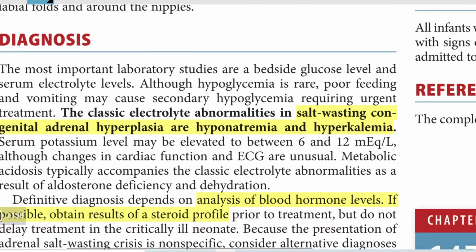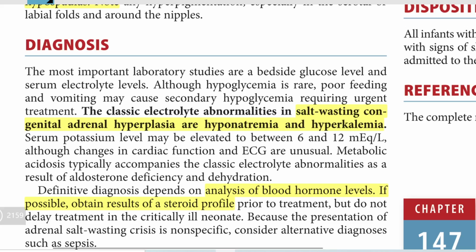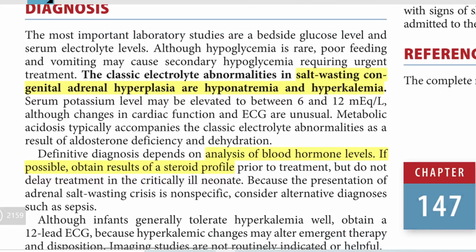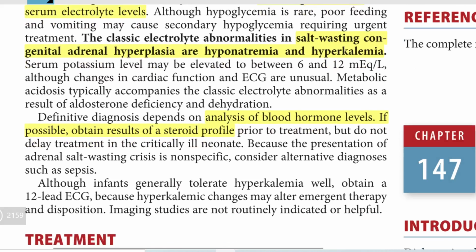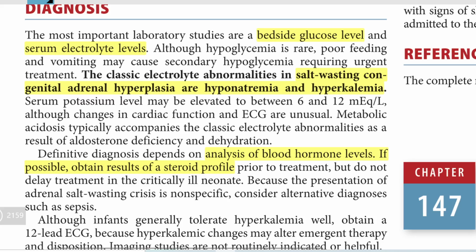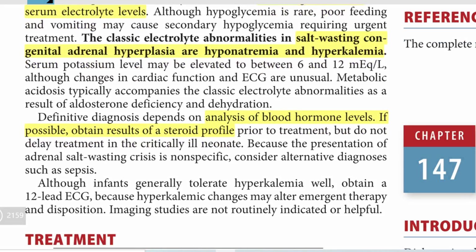Coming to the diagnosis, the most important laboratory studies are bedside glucose level and serum electrolyte levels. Although hypoglycemia is rare, poor feeding and vomiting may cause secondary hypoglycemia, which requires urgent treatment. The classic electrolyte abnormalities in salt wasting congenital adrenal hyperplasia are hyponatremia and hyperkalemia.